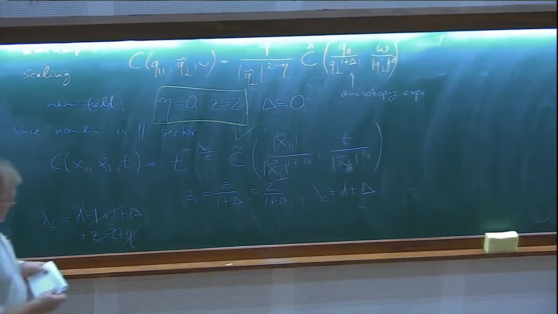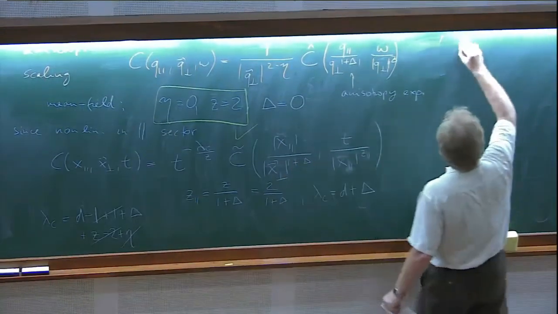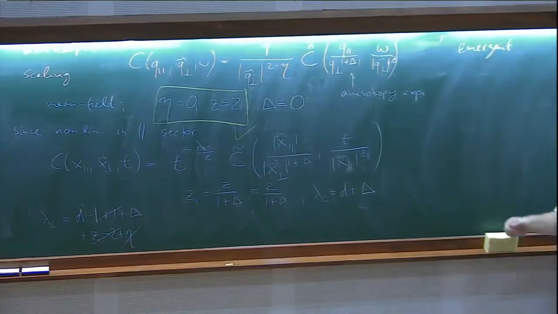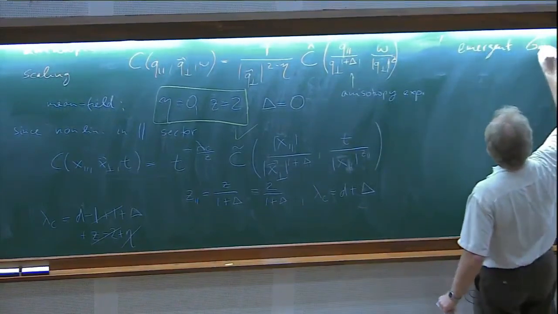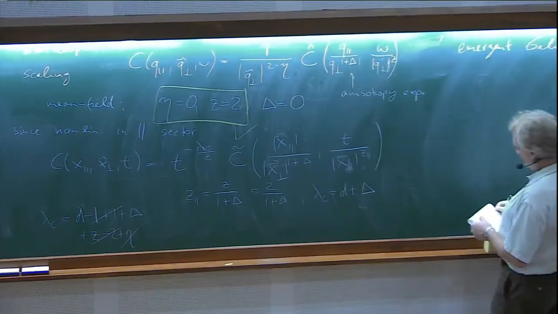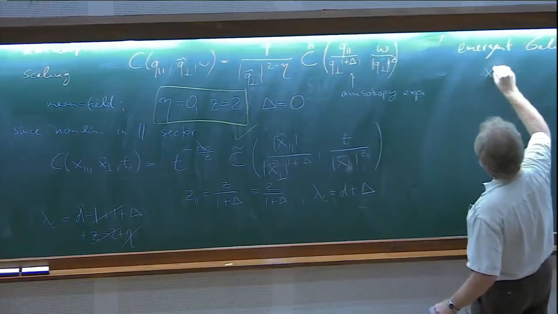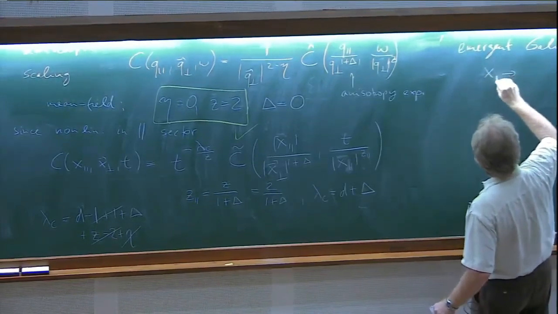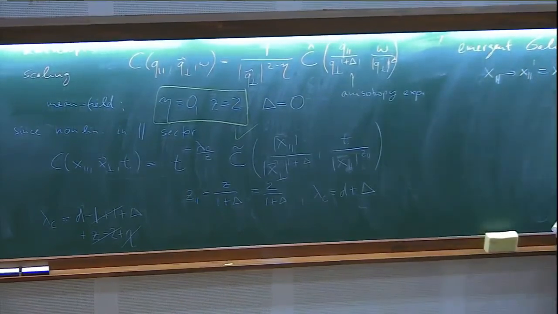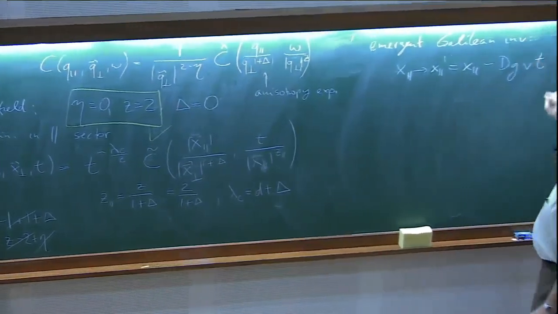Okay? So there's an emergent Galilean invariance, and it's emergent because it's a continuum symmetry, which the discrete lattice model, of course, doesn't have. And what is that? I can change from X parallel to X parallel prime, which is just the original one, and as I said, go to a moving frame with velocity v.